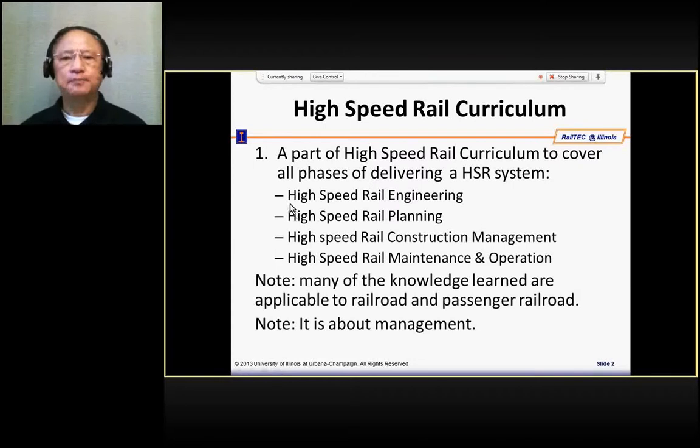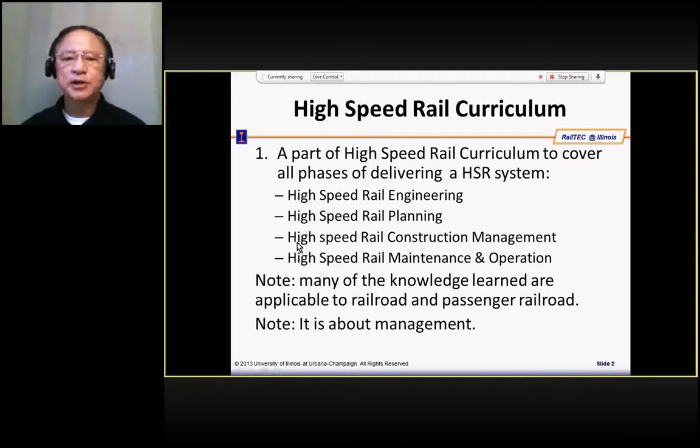There are 4 high-speed rail classes we are teaching. Among these 4, one is on the high-speed rail engineering, one is on the planning, one is on the construction management, and another one is on the maintenance and operation.